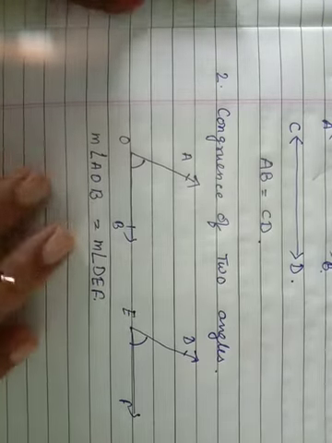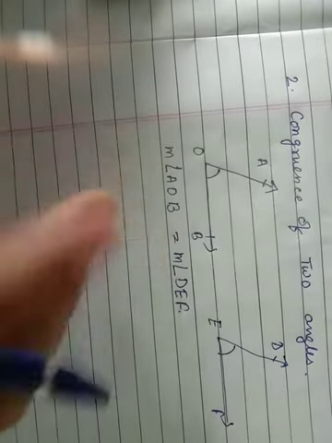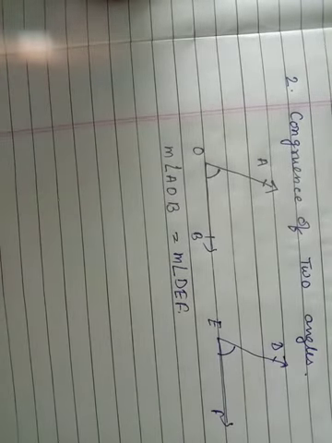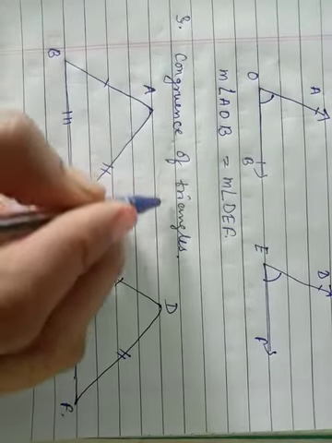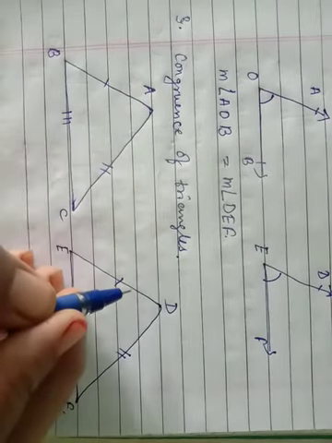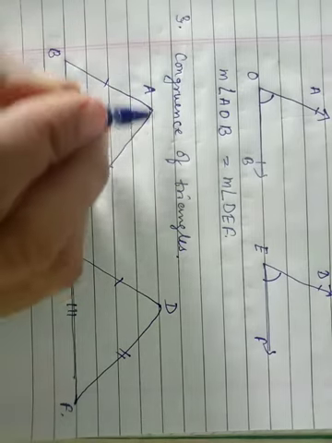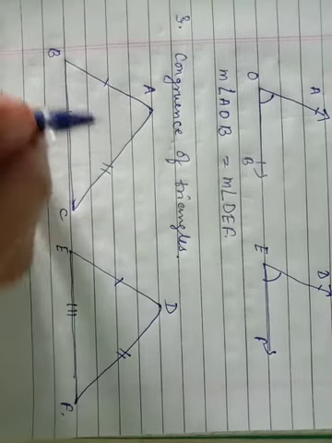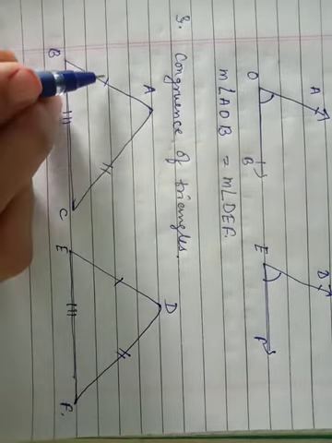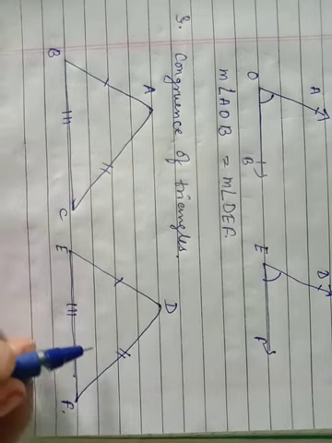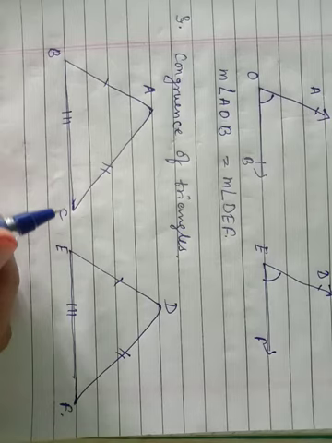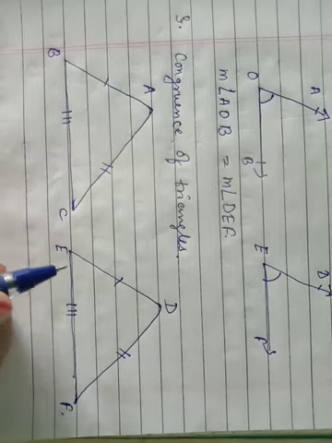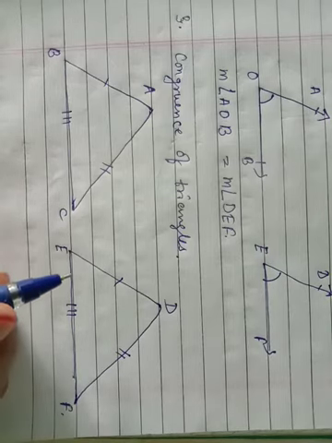Okay, now let us see what are congruent triangles. So let us learn about congruence of triangles. There are three sides in a triangle and three angles of a triangle, which are called its six parts or six elements.